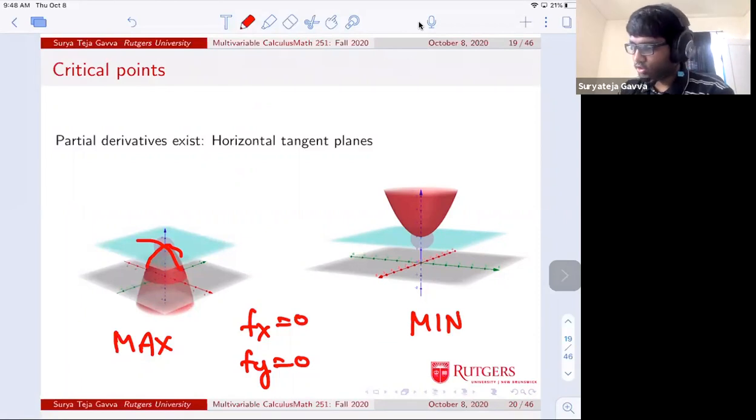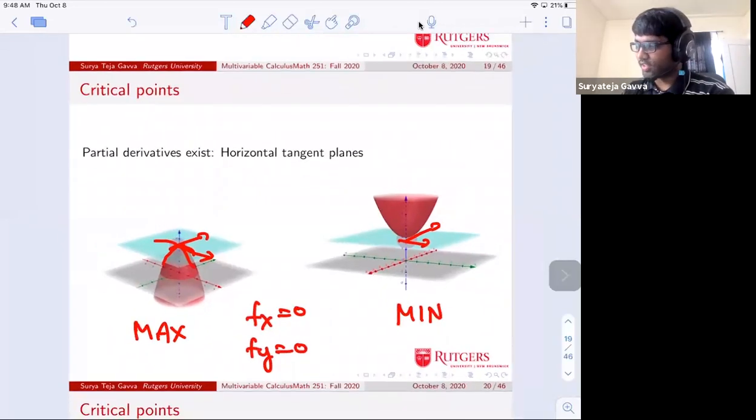Okay, so because of the horizontal. So this is the horizontal. If you look at the function along x-axis or y-axis, you'll see that you'll have a max. So that means fx and fy both are 0. In the same case with the min. It's a local min if you see in both directions. Okay, so these are some examples of critical points.